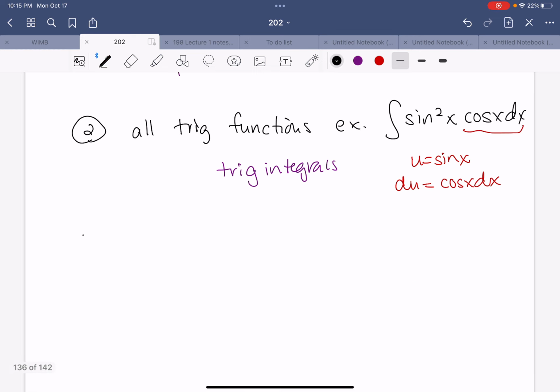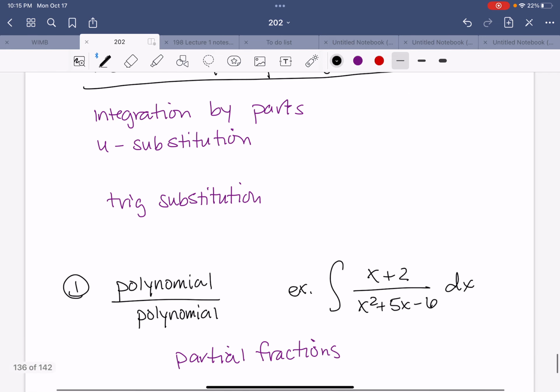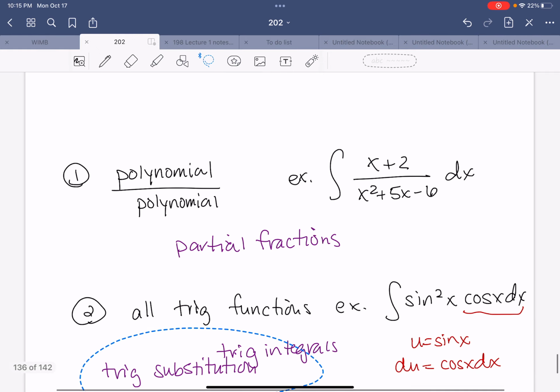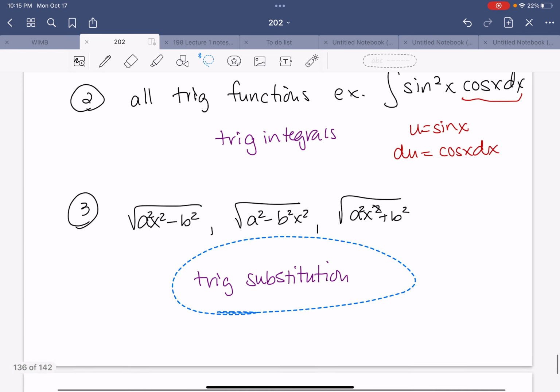The third is when you have something like the square root of a squared x squared minus b squared, the square root of a squared minus b squared x squared, or the square root of a squared x squared plus b squared. Anytime you're in that situation, this is trig sub.